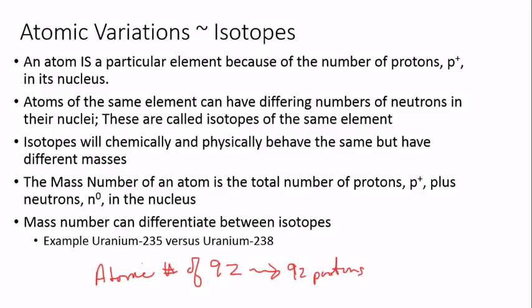Before I leave this, let me make sure we're all on the same page. This 235 and 238 is what's called the mass number. And the mass number, like I said, is the number of protons, which is 92 in both cases, plus the number of neutrons.